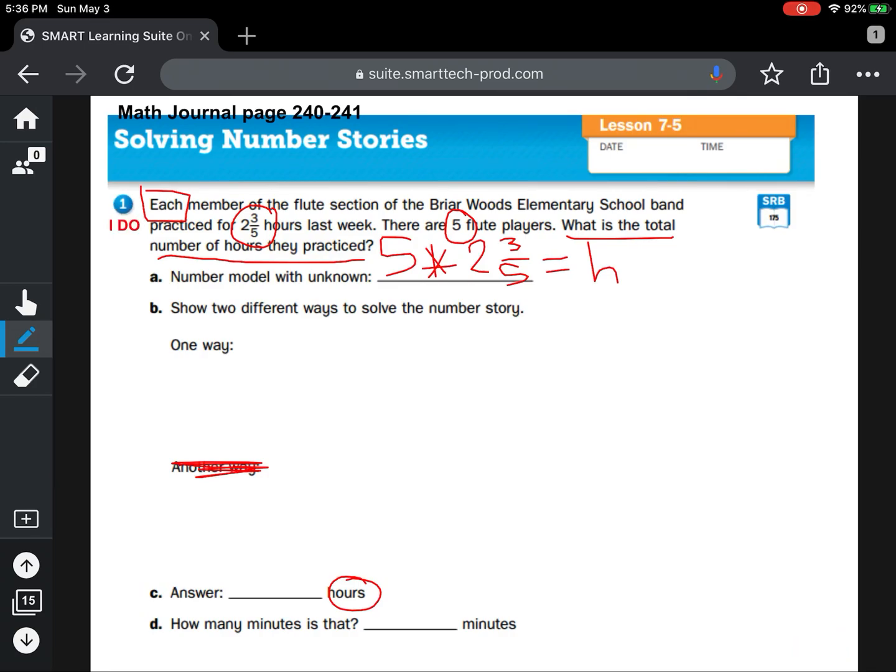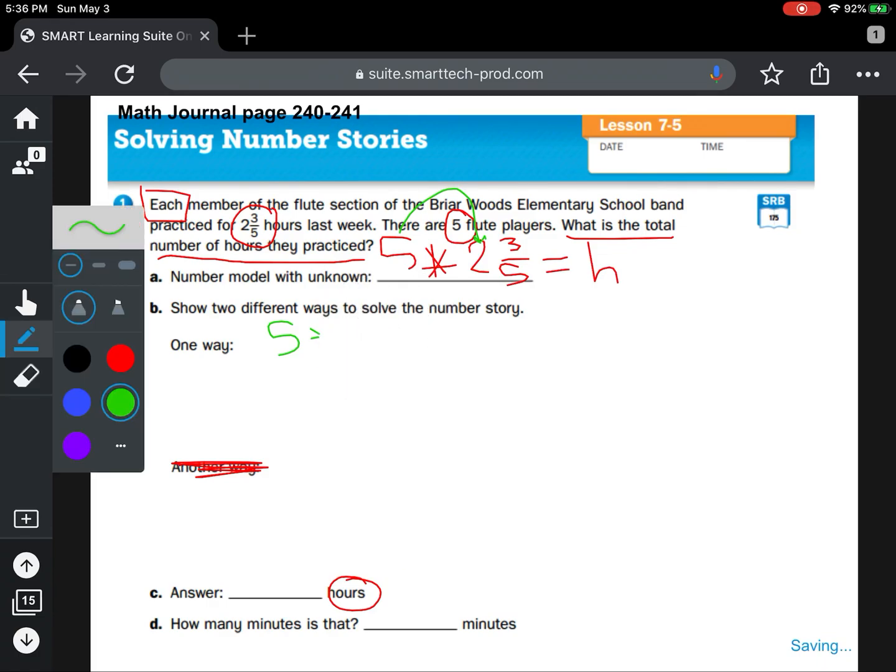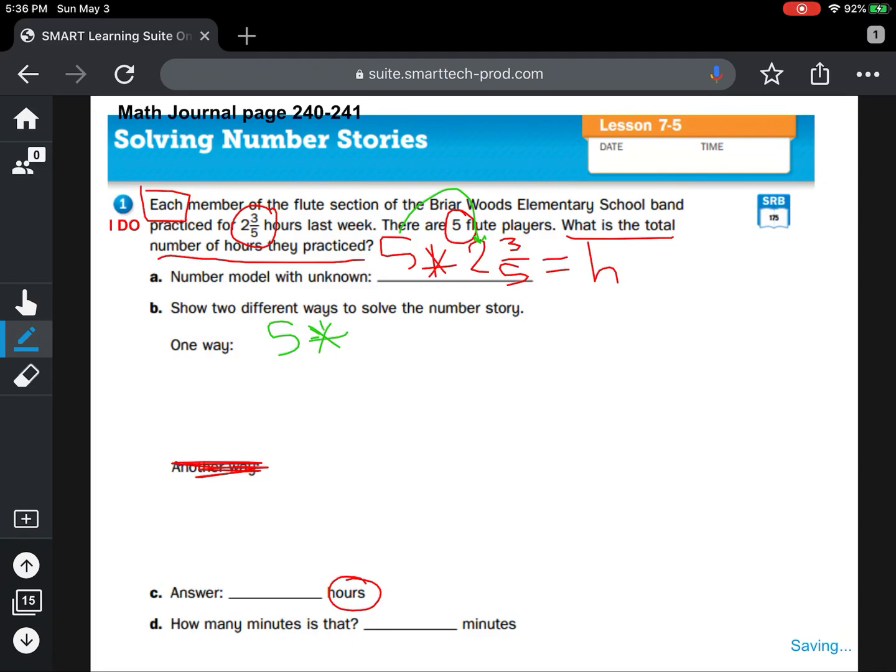So for this part, we're going to start by multiplying our whole number times the whole number over here in our mixed fraction. So 5 times 2, 5 times 2 equals 10.